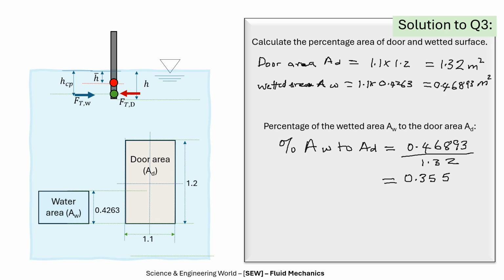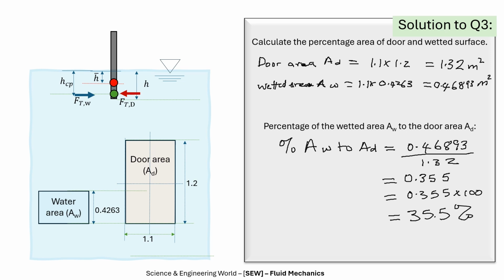So the percentage will be times 100, and that will be 35.5%.